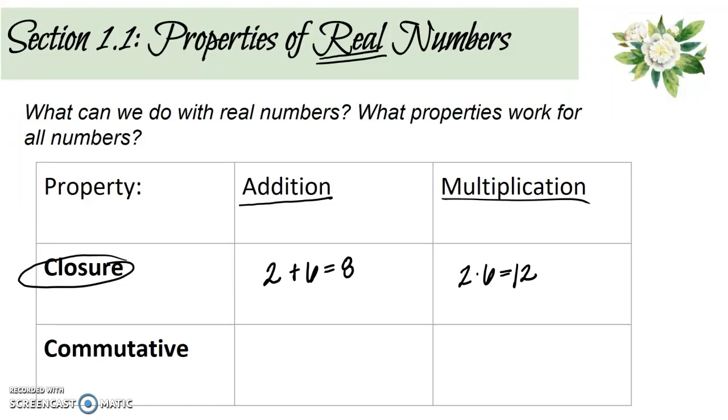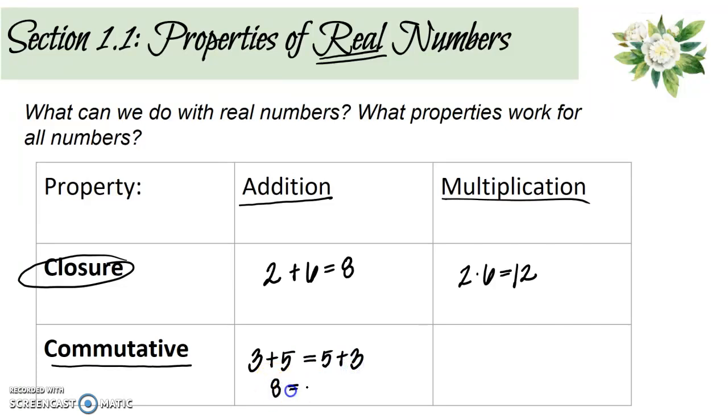Really simple. Next up, we have what's known as the commutative property. When you think commutative property, I want you to just think of the fact that order doesn't matter when you're adding or multiplying numbers. So let's go with two new numbers. Let's deal with 3 and 5. So if I add 3 and 5, it doesn't matter if I reversed that order and added 5 and 3.